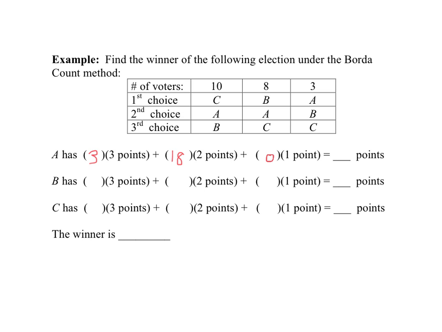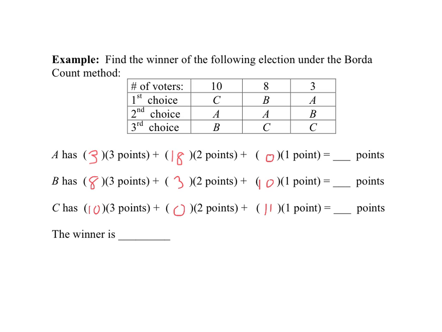Okay. B has 8 first choice votes, 3 second choice votes, 10 third choice votes, and finally C has 10 first choice votes, no second choice votes, and 11 third choice votes. So C is a very polarizing candidate. Everyone either loves or hates C.